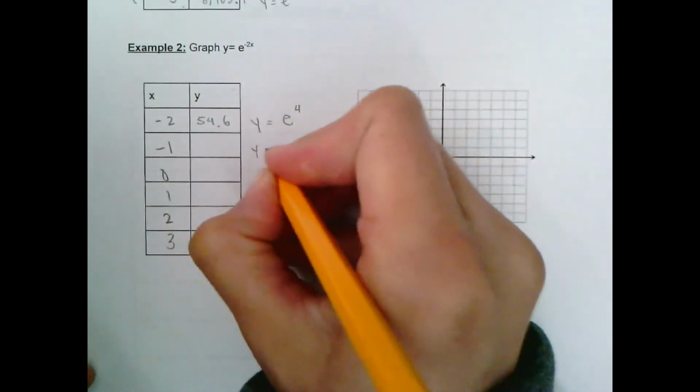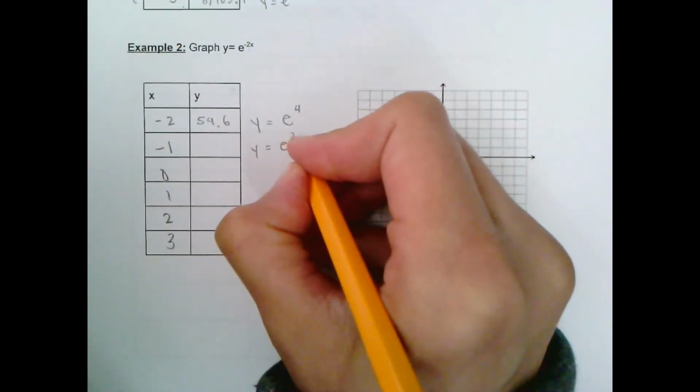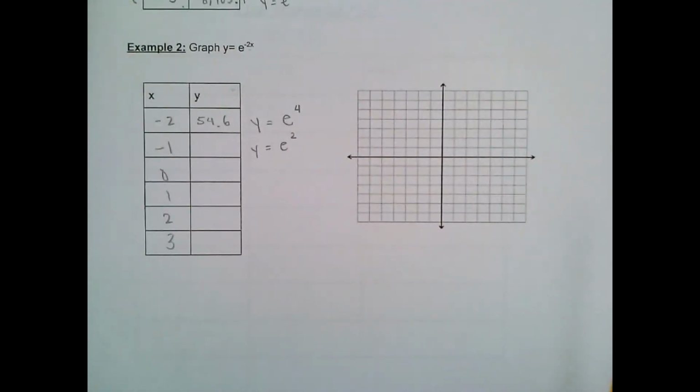Anyways, next up, y equals e to the negative 2 times negative 1, that's e to the positive 2. Using my calculator.